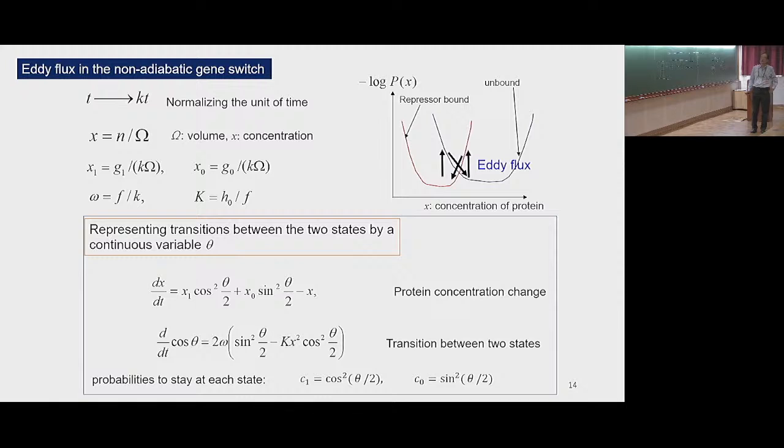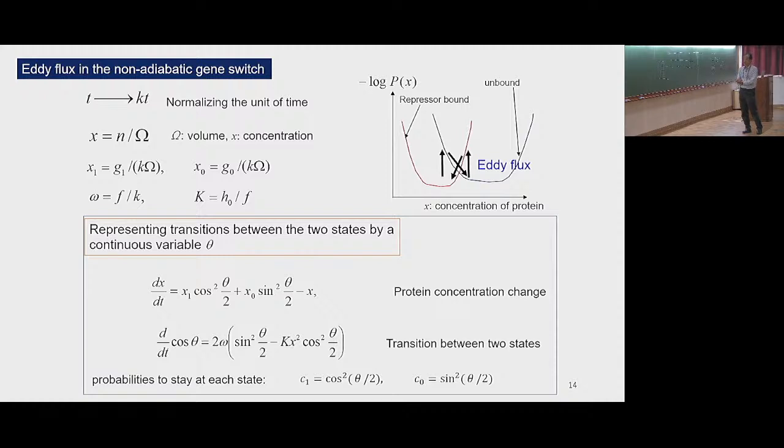So cosine theta here represents the probability to stay in the repressor unbound case, and this is the repressor bound state. So this cosine theta should follow these equations in a mean field like treatment.